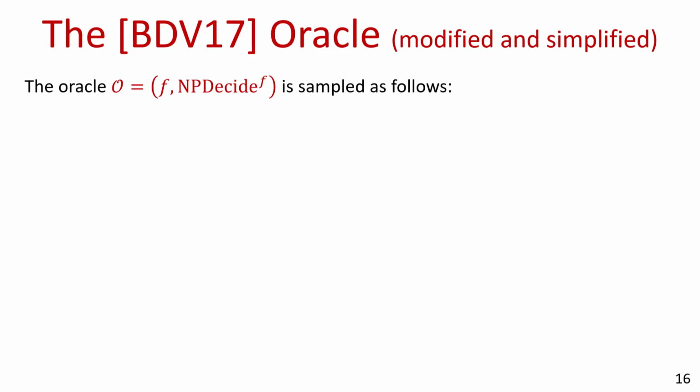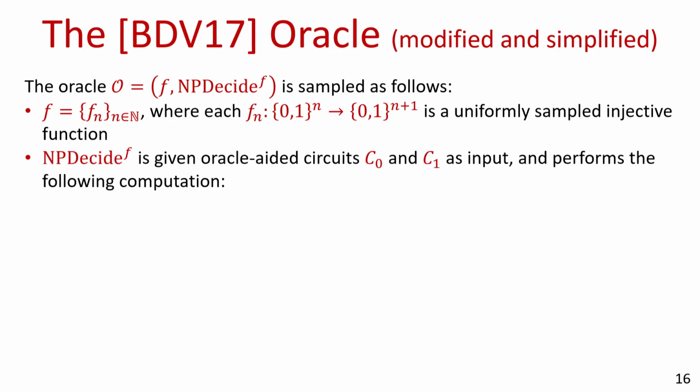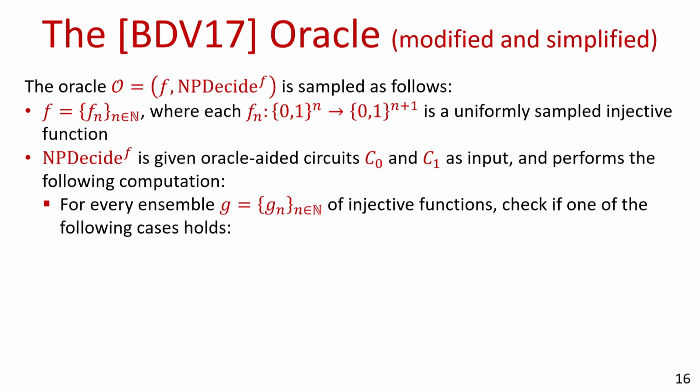It consists of two components, an ensemble of injective functions f and an additional oracle to which we refer as NP-decide. F is an ensemble of uniformly sampled injective functions, and the NP-decide of f is defined as follows. Given oracle-aided circuits C0 and C1 as input, NP-decide performs the following computation. For every ensemble G of injective functions, it checks if one of the following cases holds.